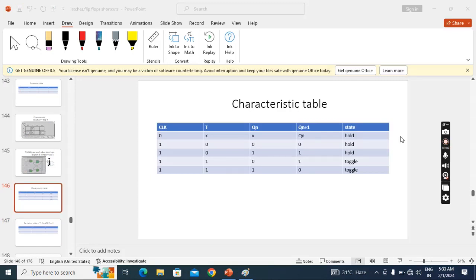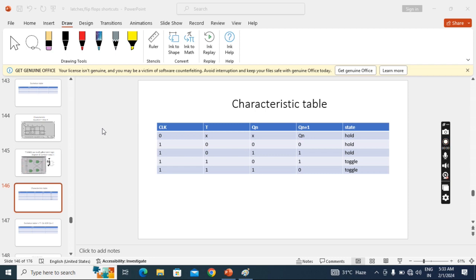In this lecture, we will see the necessity of T flip-flop. You know, in counters, we need T flip-flop. For example, synchronous counters, asynchronous counters, mod counters, up counters, down counters. In these counters, we need hold nature and toggle nature. Then only the particular count will happen.